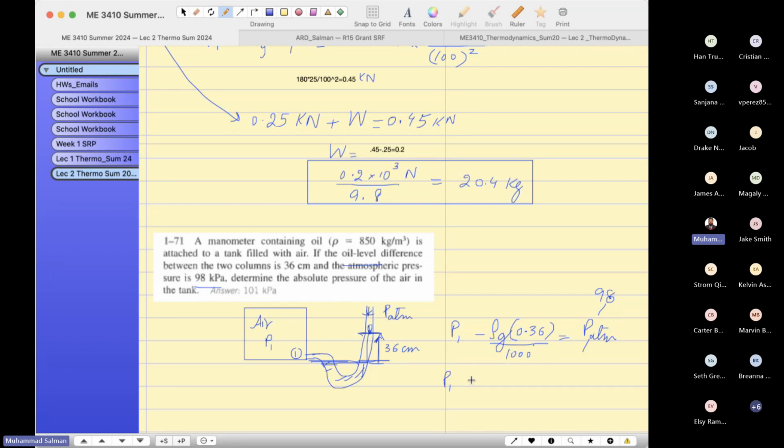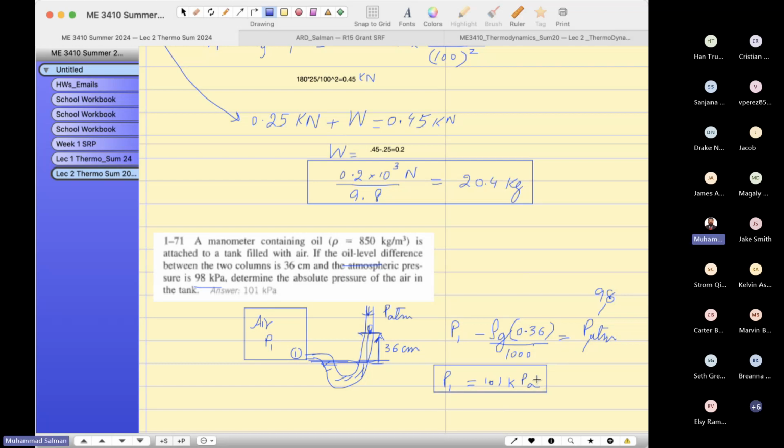So P1 can be found, which is the absolute pressure. I think this is 101. So this is your answer.